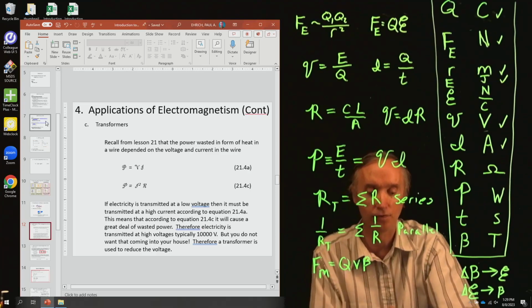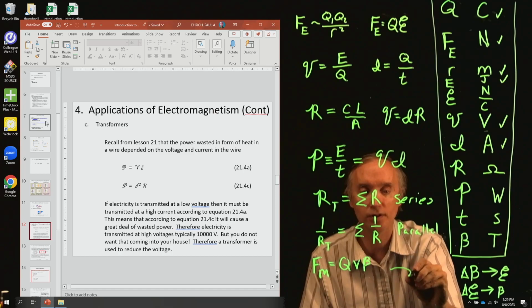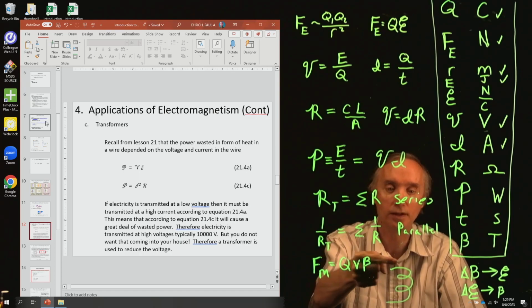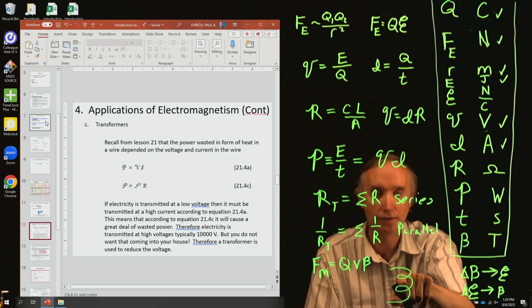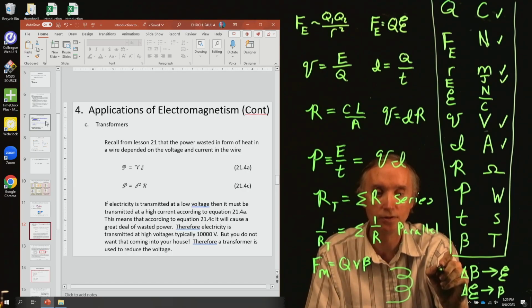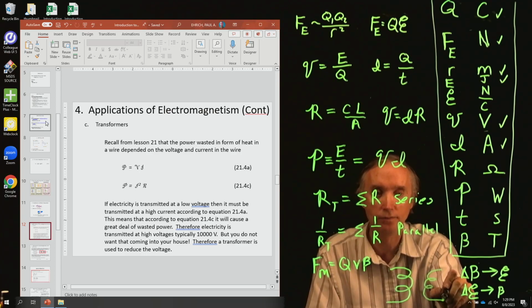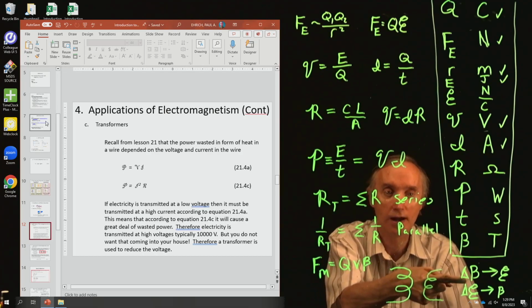So a transformer is essentially a coil of wire. So here's the power line out here. It sends electricity into this coil. This makes a magnetic field. This magnetic field is going to be felt by this coil over here and is going to be turned back into electricity, which then goes into your house.